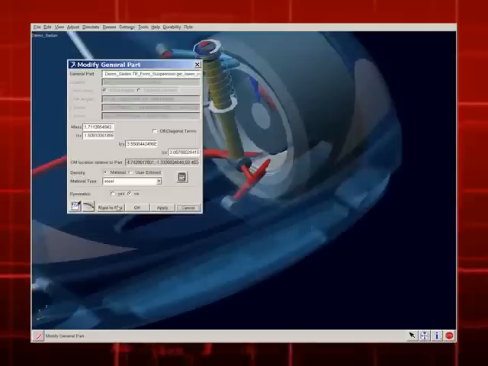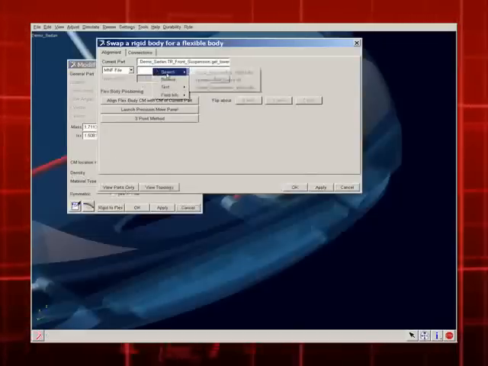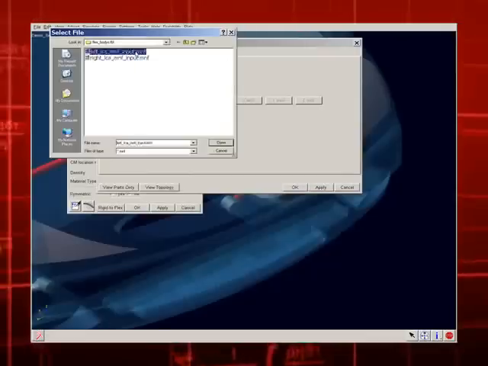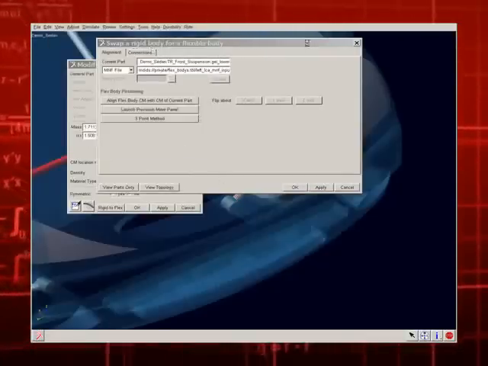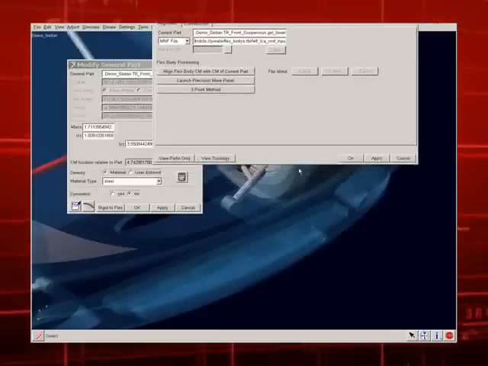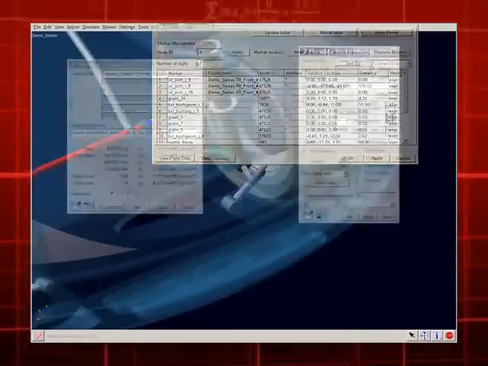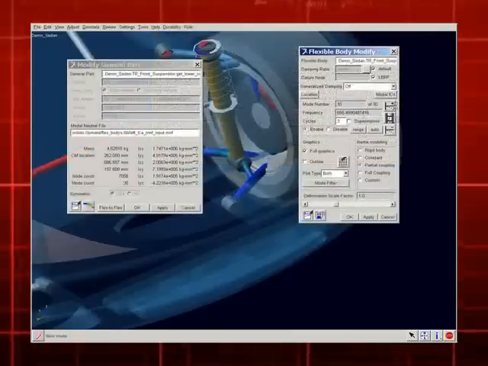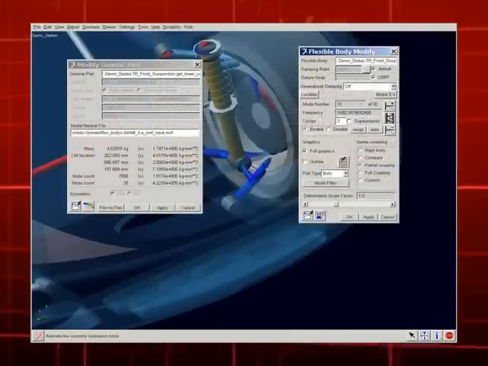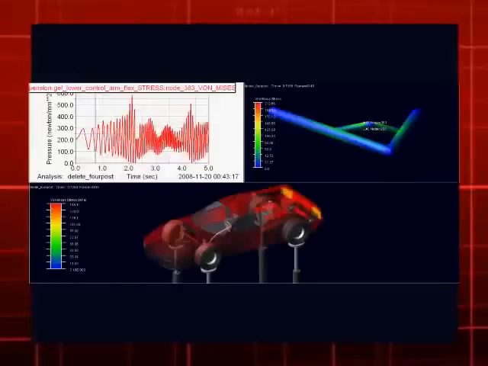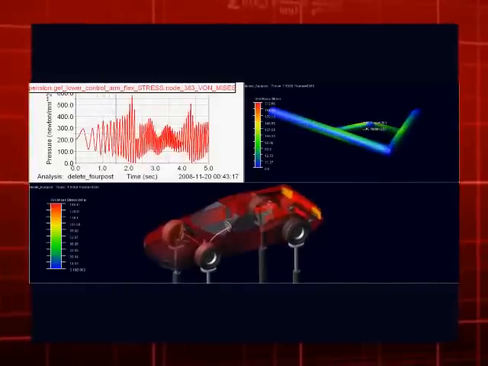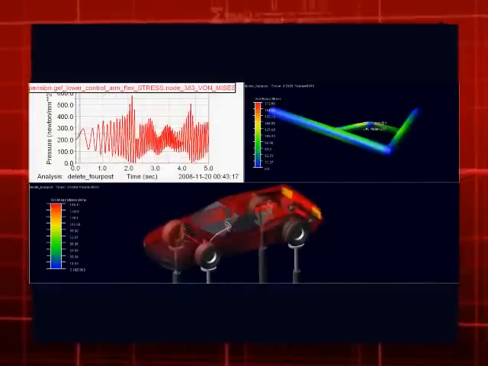The engineer in charge of durability, on the other hand, needs to include flexibility of the suspension components and run on rough roads to look at component loads, hot spots, and stresses. Again, Adams car provides the ability to swap the rigid components with flexible ones and carry out durability events like a 4-post shaker test, straight line drive over rough roads, etc.